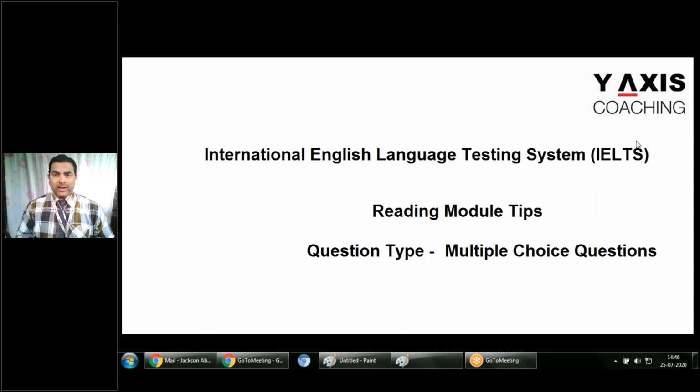In order for you to get a correct answer, you need to read the entire question and identify the keywords in the question. After that, read all the options provided, whether in the form of words, phrases or even sentences. Read all those.